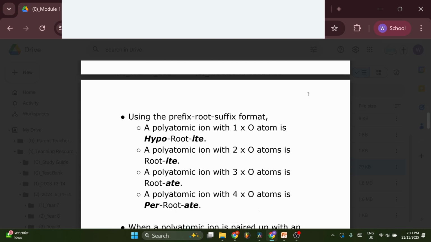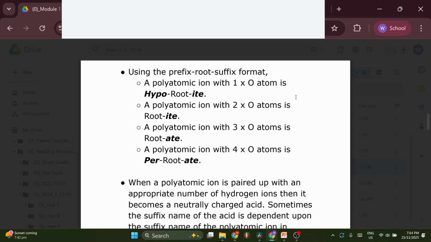Using the prefix, root, suffix format, a polyatomic ion with 1 oxygen atom is hyporootite. A polyatomic ion with 2 oxygen atoms is rootite. A polyatomic ion with 3 oxygen atoms is rootate. A polyatomic ion with 4 oxygen atoms is perrootate.